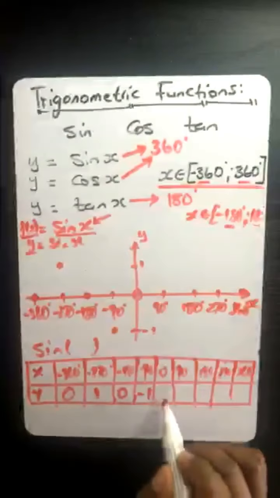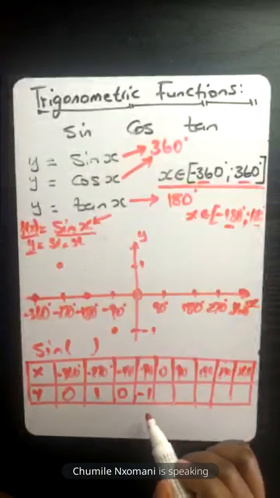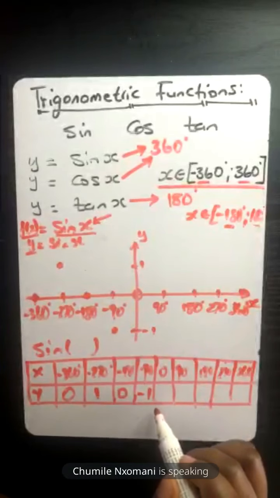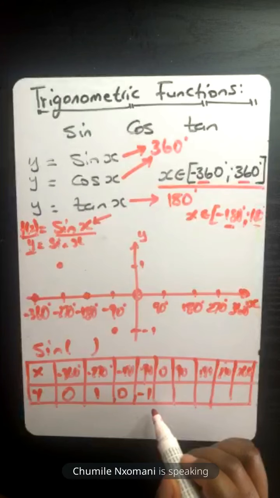And then the next one. I'm getting positive 1, so above 90. What did you punch there? I said sine of positive 90.